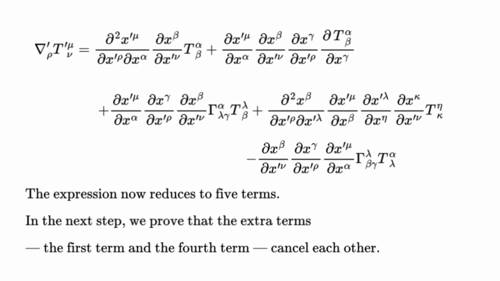The expression now reduces to 5 terms. In the next step we prove that the extra terms, the first term and the fourth term, cancel each other.